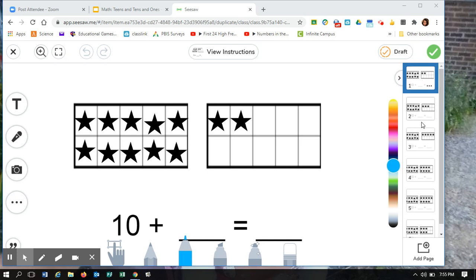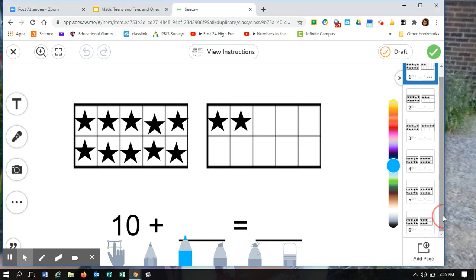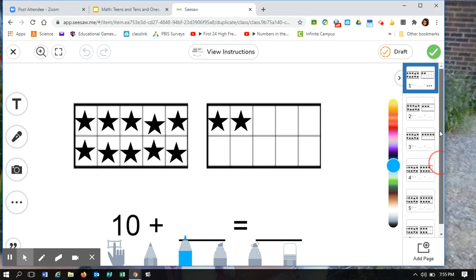So along the side here you have 6 math problems to do. So it's just like we were doing together as a class. You are going to use your pencil tool here, okay? And you're going to complete these equations to name teens as a 10 and some more.